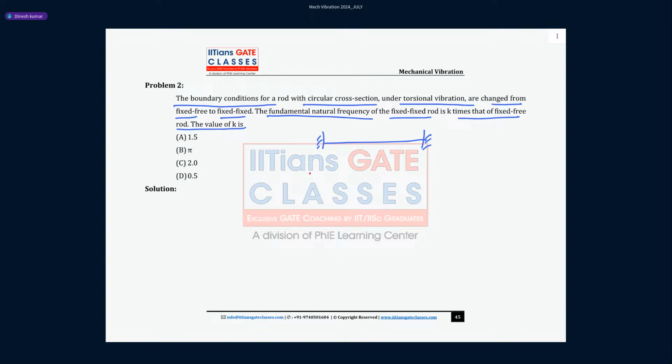It is omega 1, and we found it to be pi by L into C, where C is the square root of E by rho. Am I correct? This is the natural frequency for the fixed bar. Now when it is fixed-free, we got pi by 2L under root E by rho, right? Now they asked the ratio of fixed by fixed-free.